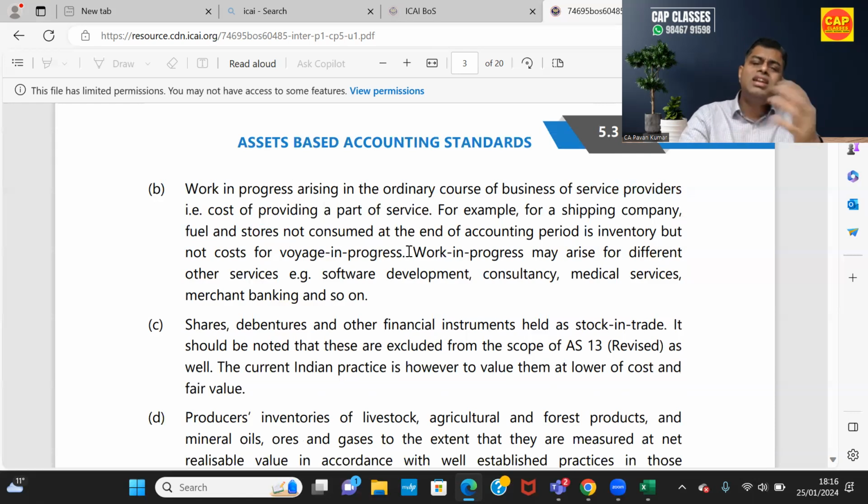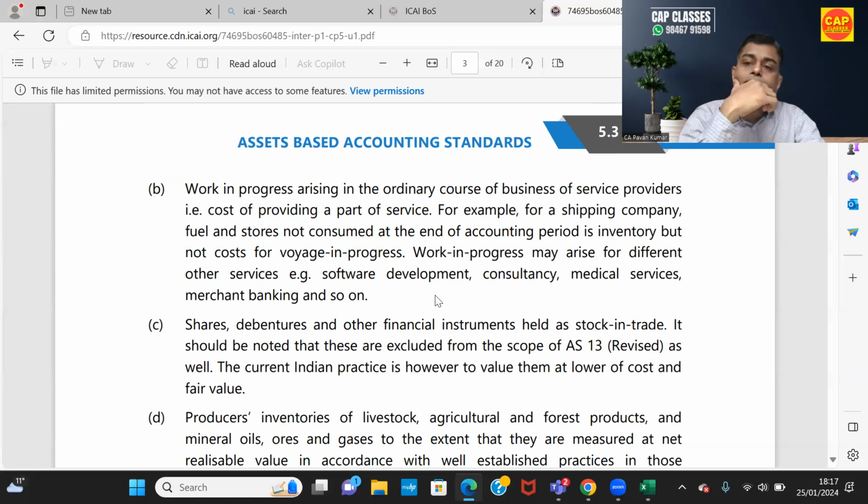They are saying there are different guidelines for them. These are industry-based guidelines. If you have any industry-based guidelines, don't come here. Use that guidance, because this AS 2 is given in general and might not suit a specific situation. For example, consultancy, software, medical services, merchant banking probably have different guidelines for accounting.